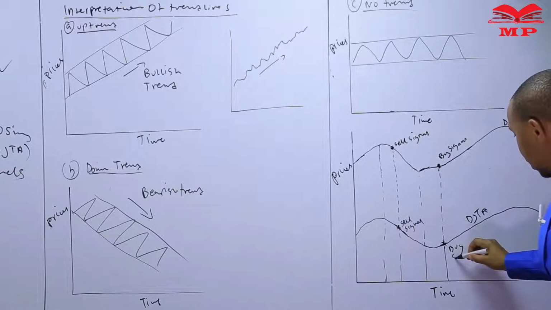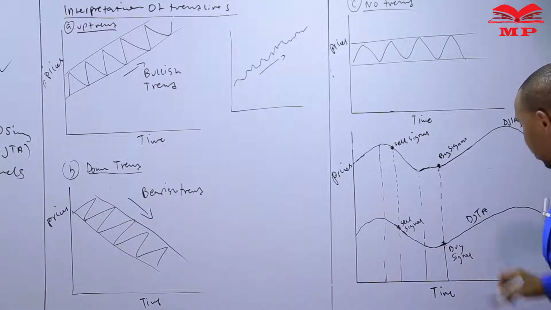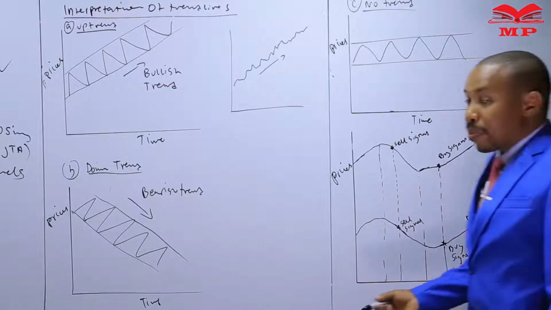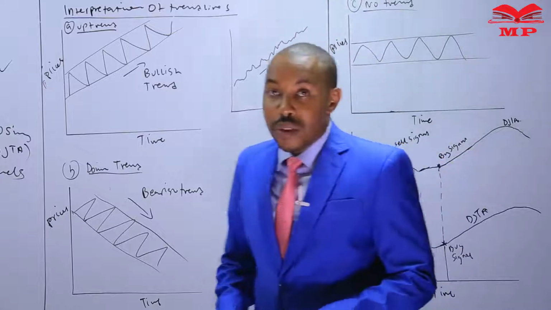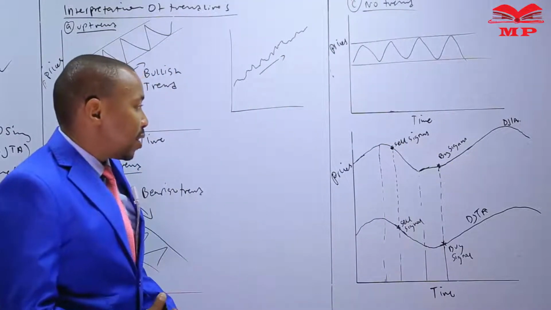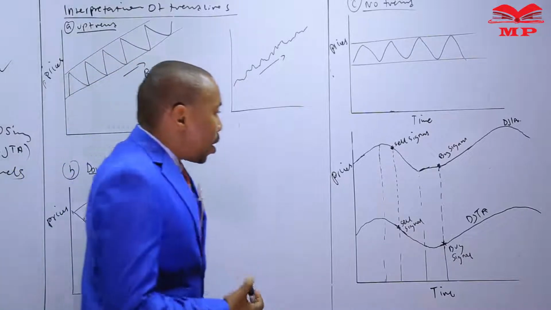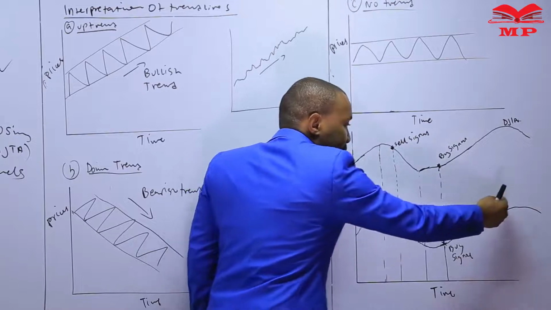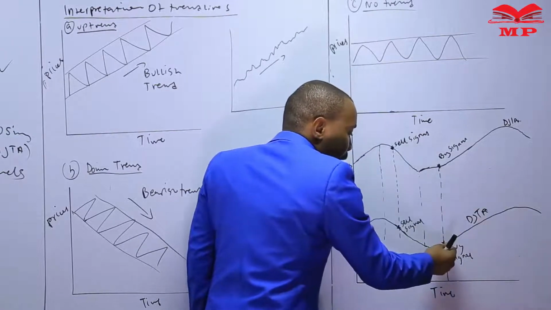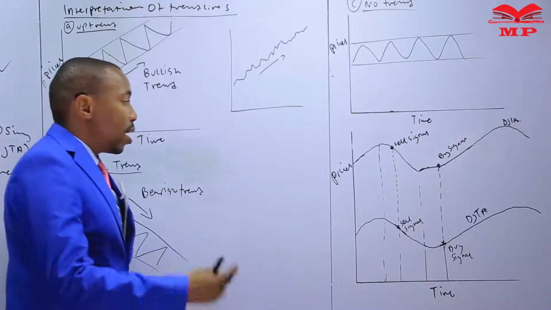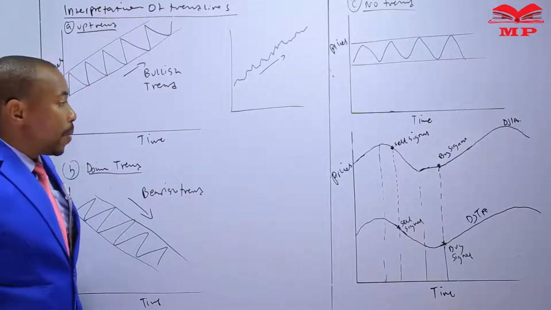So these indicators provide some guide to investors as well as analysts on when to buy securities and when to sell them. You buy low, you sell high. You buy securities at the lowest price possible, then you sell once the securities have reached a very high price.